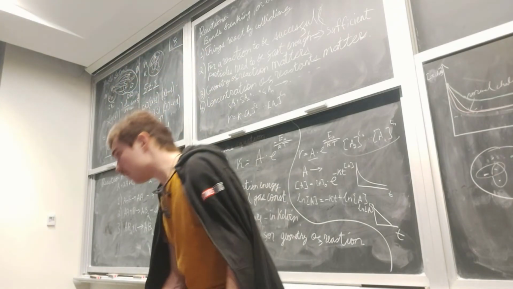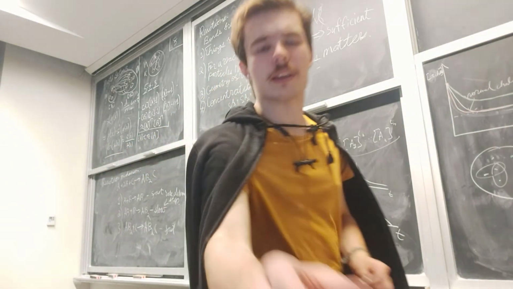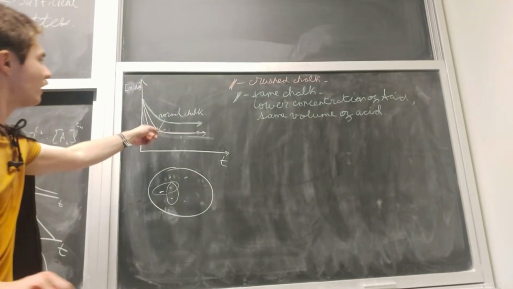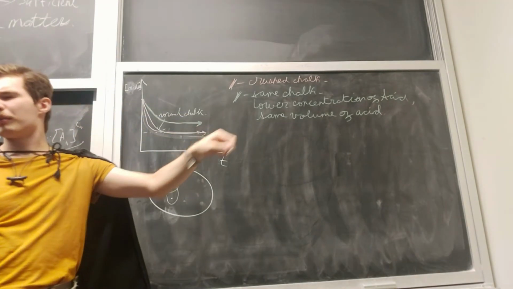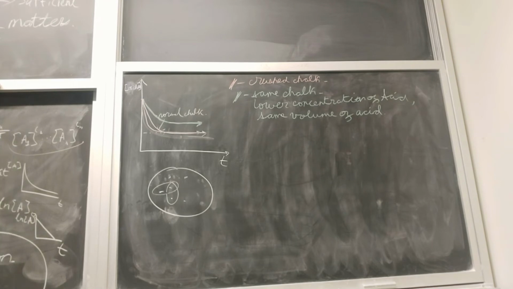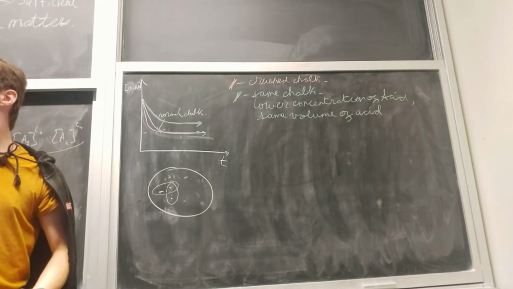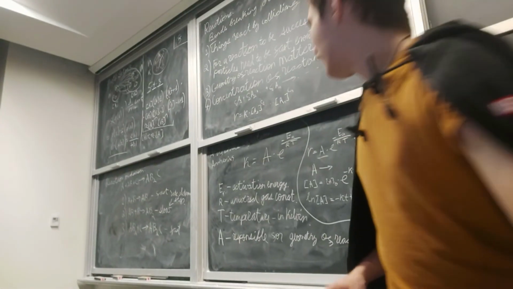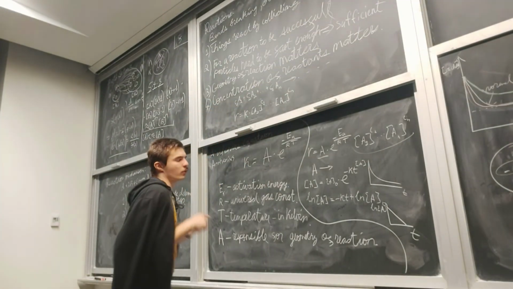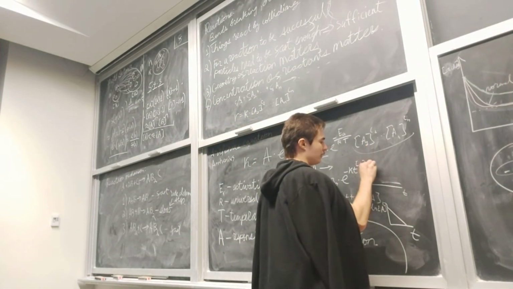In general, if you remember the sample problems I mentioned, you could be asked something like this: at the very beginning, you're given a graph of the concentration of something against time, and asked, what if we increase the concentration? How would the new graph look relative to the old graph? Another type of question is like what we were just talking about. You might be given some points of concentration of A against time.